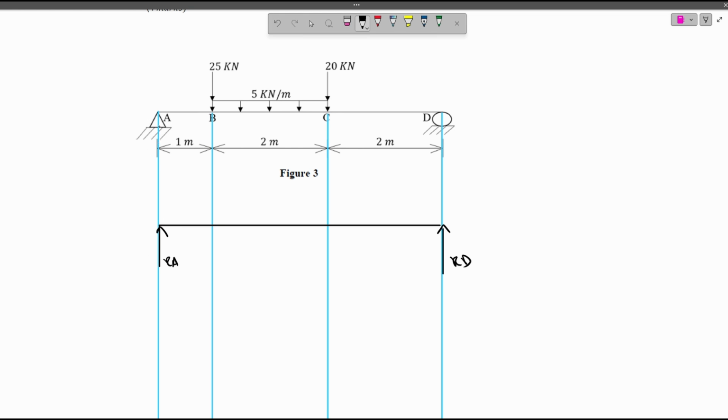For a pin support, we have a vertical and a horizontal reaction. So RAH, RAV, and then we have the UDL. You have the 20, you have the 25 and the 5 kN per meter.